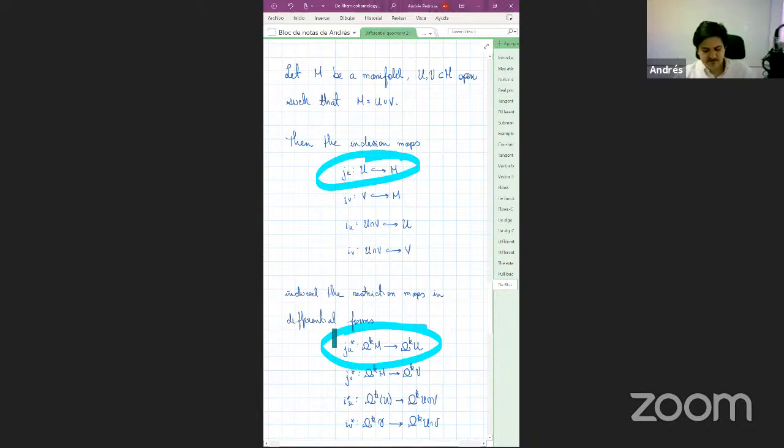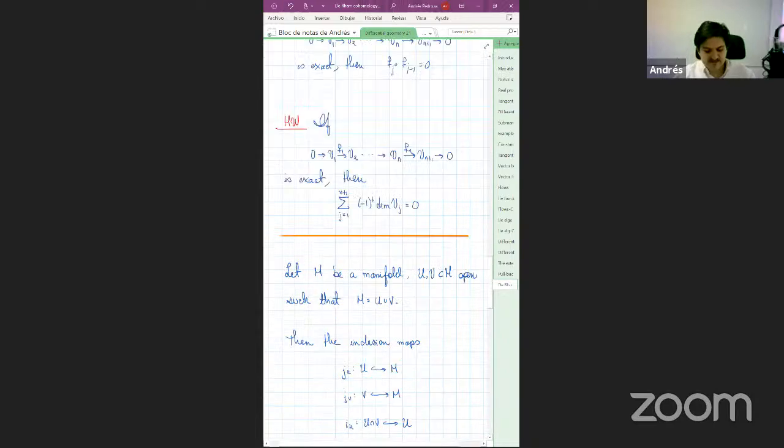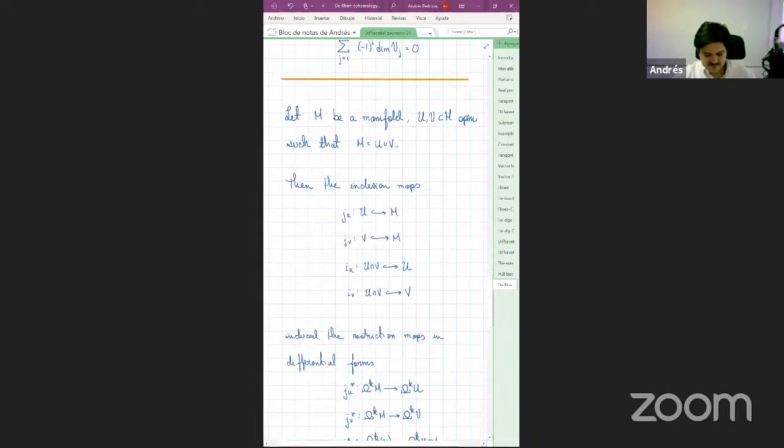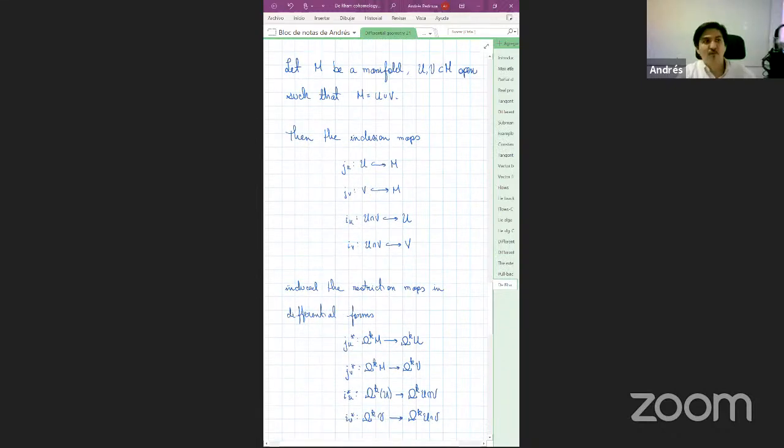And because each one of these maps is an inclusion, the induced map corresponds to restriction.